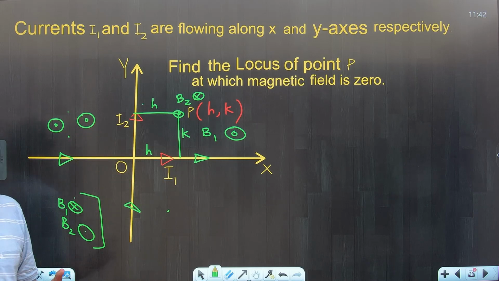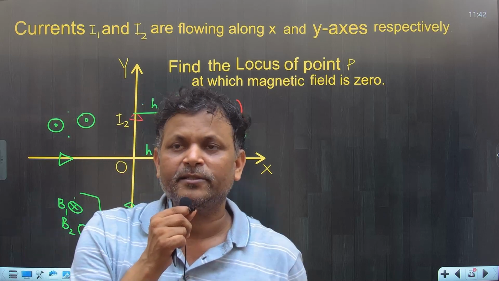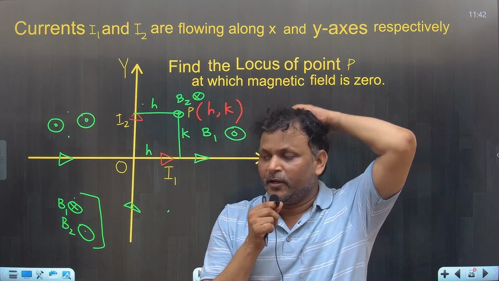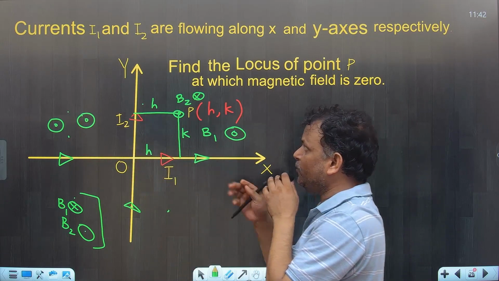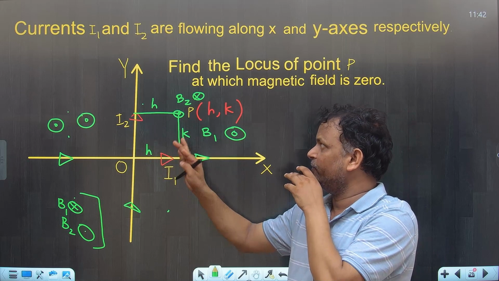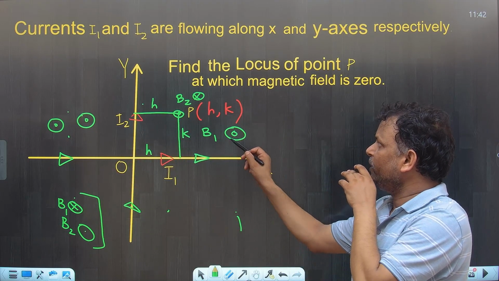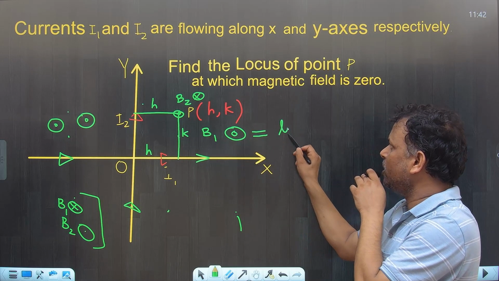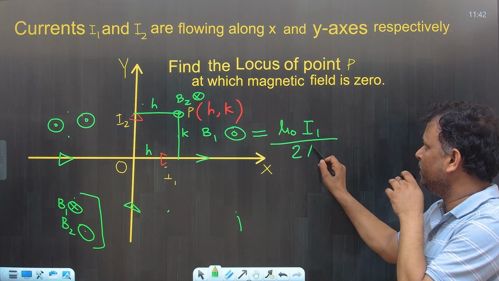So if currents I1 and I2 are flowing along the x-axis and y-axis respectively, then it is not possible to have 0 magnetic field in the second quadrant and fourth quadrant. It is possible to have 0 magnetic field in the first quadrant and third quadrant. So what will be the formula of B1? B1 will be mu naught I1 by 2 pi r.